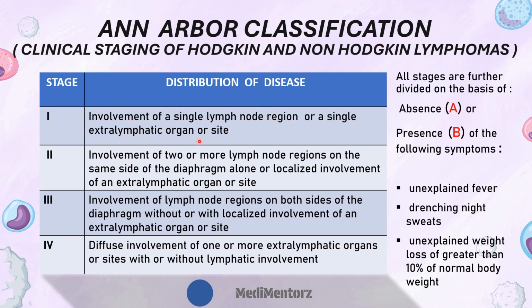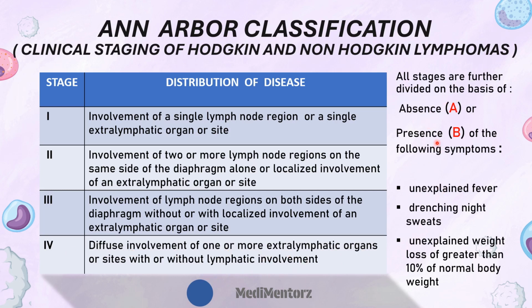Further, all of these stages are divided into A or B based on the absence or presence of the following symptoms, which is unexplained fever, night sweats, and unexplained weight loss of more than 10% of normal body weight. Most of the cases of Hodgkin's lymphoma clinically present as painless cervical lymphadenopathy.